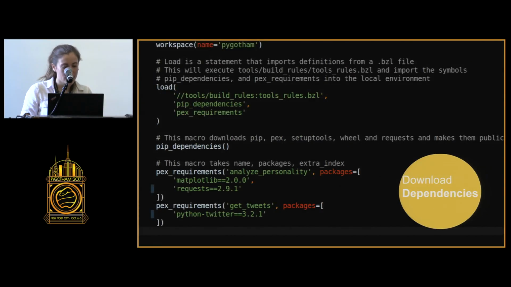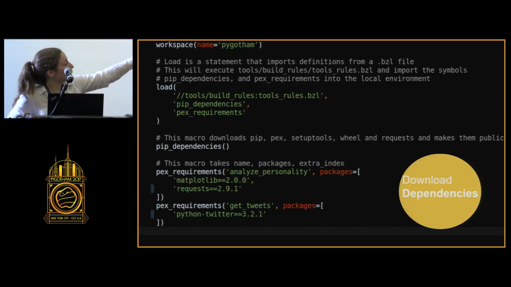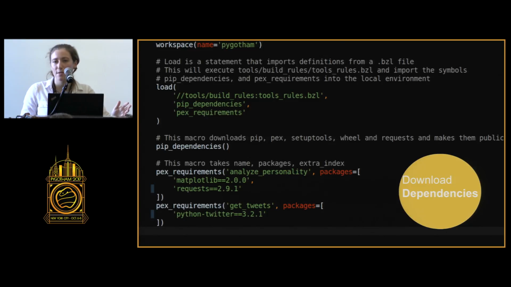The second part is going to be looking at these dependencies here and making sure that they get downloaded too, using pip. The important thing here is that in the past, maybe you had a requirements.txt, or wherever you listed all your dependencies.